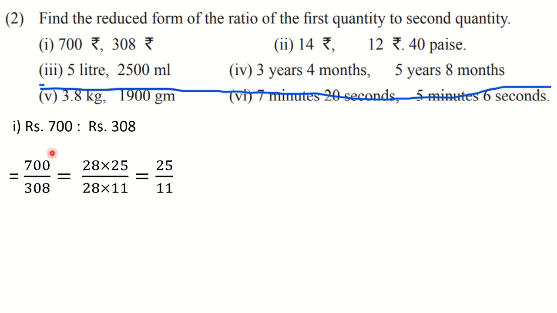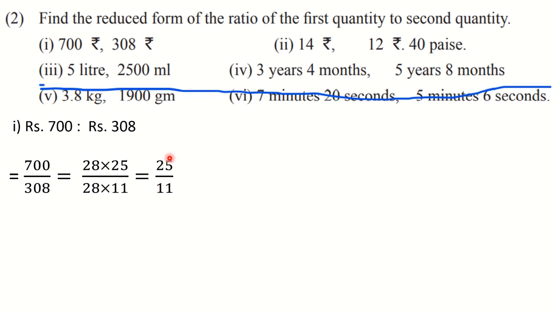So 700 we can write as 28 into 25, and 308 we can write as 28 into 11. But if you can't think of a very big number like 28 here, I told you previously that you can divide by small numbers. Like you can divide by 7 first, then you can divide by 4. You can go for division 2 times, and then you will get the answer. Okay, so that way also it will do.